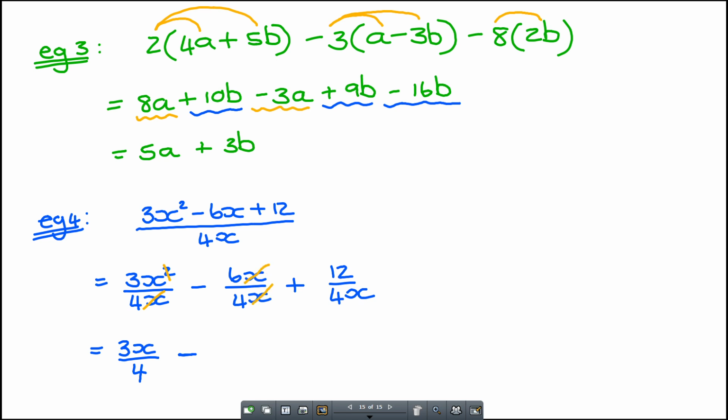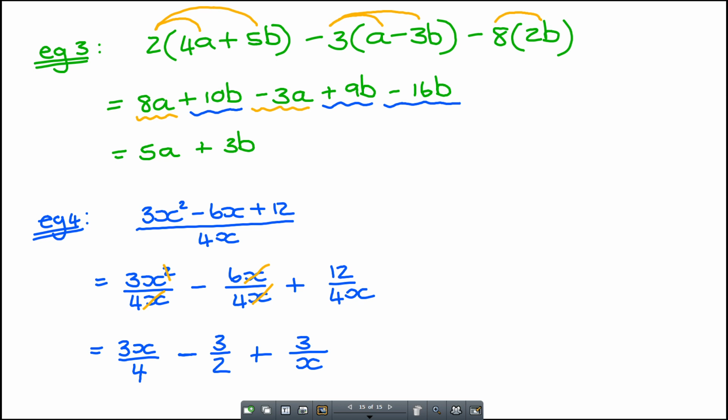And 6 over 4 is the same as 3 over 2. That 12 over 4, can you see 4 can go into both the top and the bottom? So that will become 3 over 1x, but you can just write x.